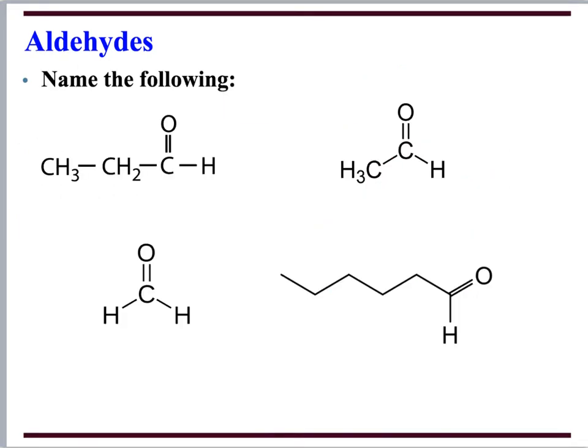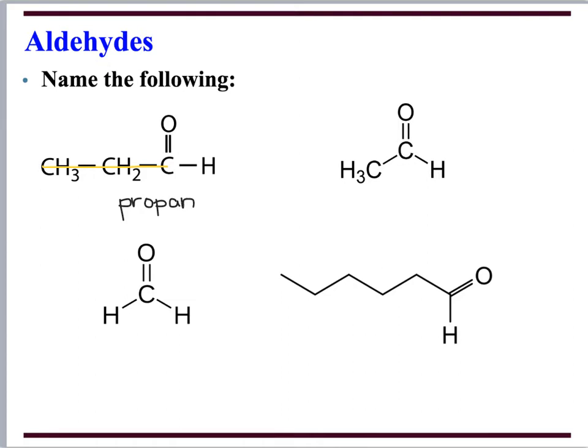Okay, so let's try a few. Again, we're starting with finding the number of carbons in my main chain. So here I've got 1, 2, 3 carbons in my main chain, and we remember that the name of a 3-carbon chain is prop. So I've got prop, and again I'm leaving that An because they're all single bonded.